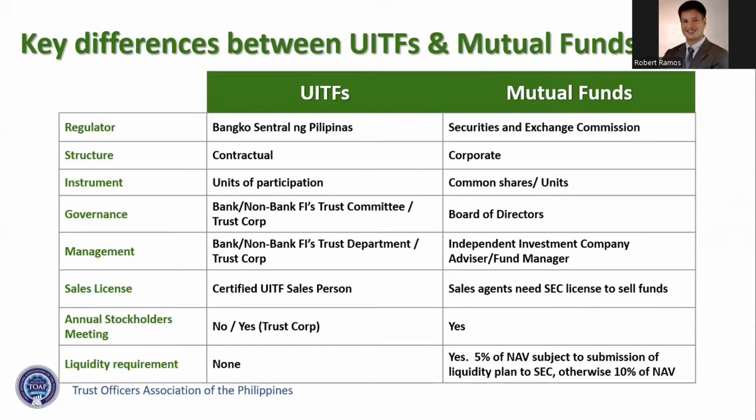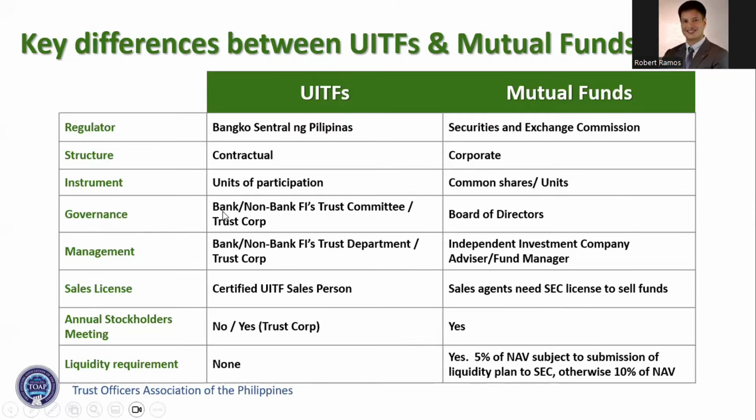And for mutual funds, since you are buying and selling shares, it's a corporate structure, since they are creating a mutual fund company for each particular fund that they launch. As mentioned, you purchase and redeem UITFs through units of participation, whereas you buy and sell shares of a mutual fund.